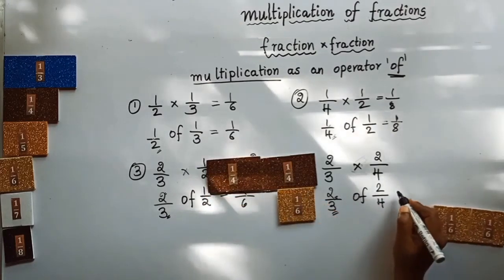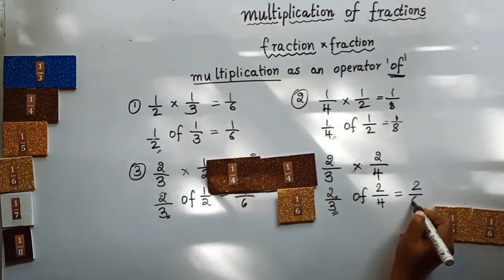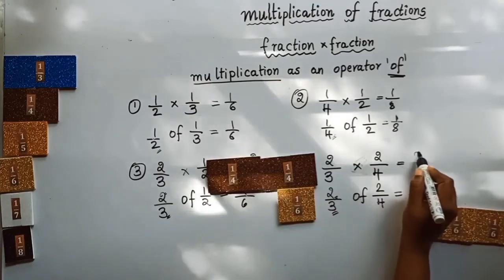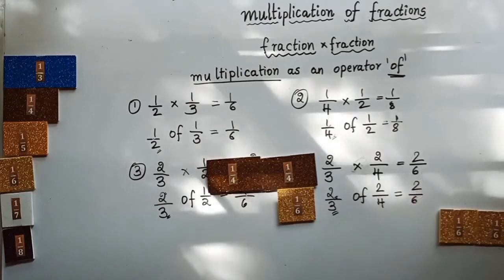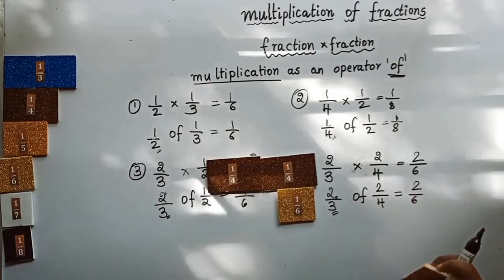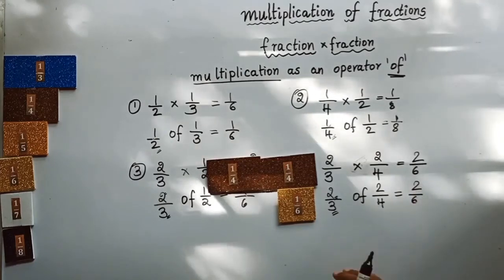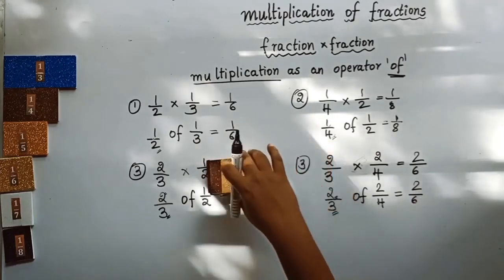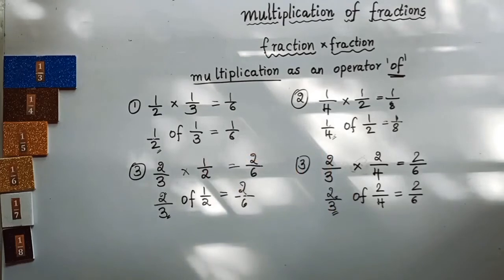That is represented as 2 by 6. 2 by 3 into 2 by 4 is equal to 2 by 6. This is how we multiply a fraction with a fraction.